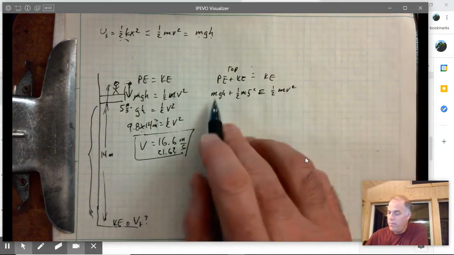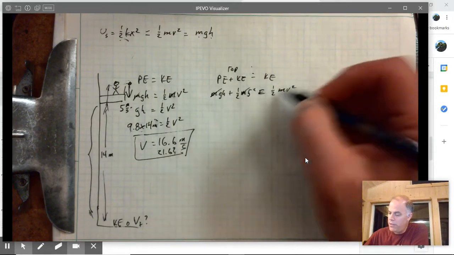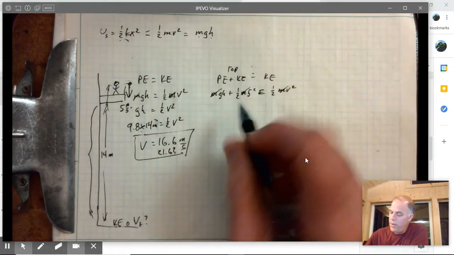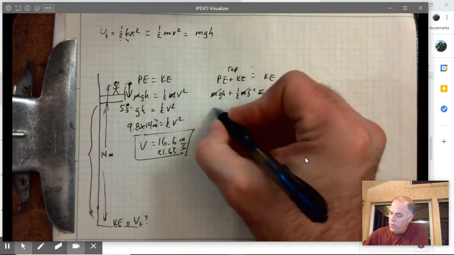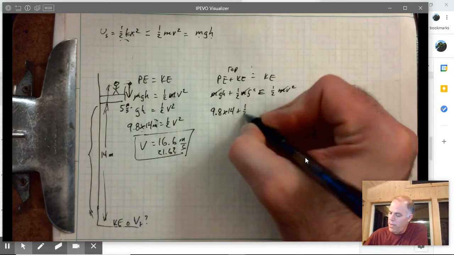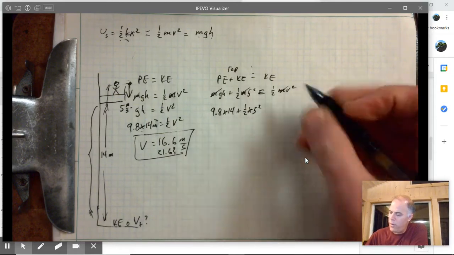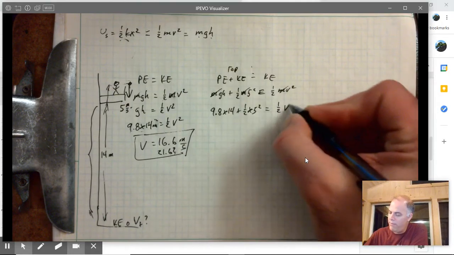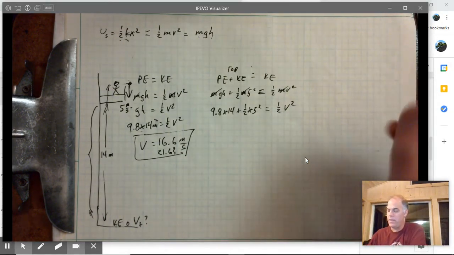Now again, mass shows up in every term, so that's going to cancel out, and we wind up with gh, so 9.8 times 14 again, plus 1/2 times 5 squared, that's the kinetic energy term at the top, and that is equal to 1/2 v squared at the bottom.